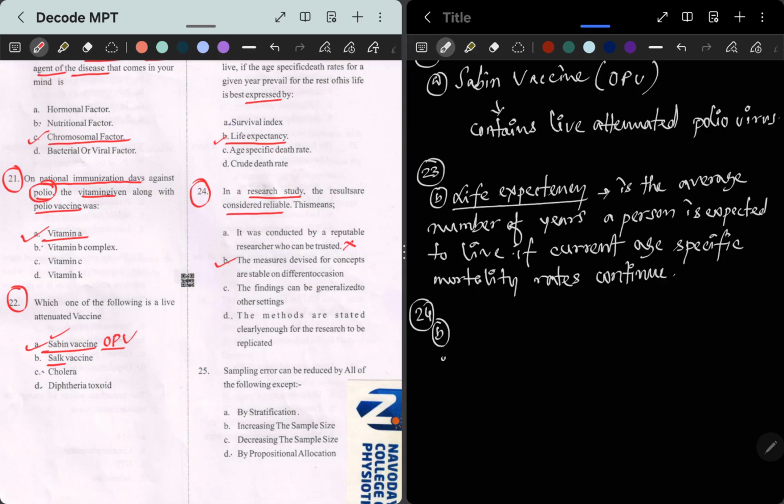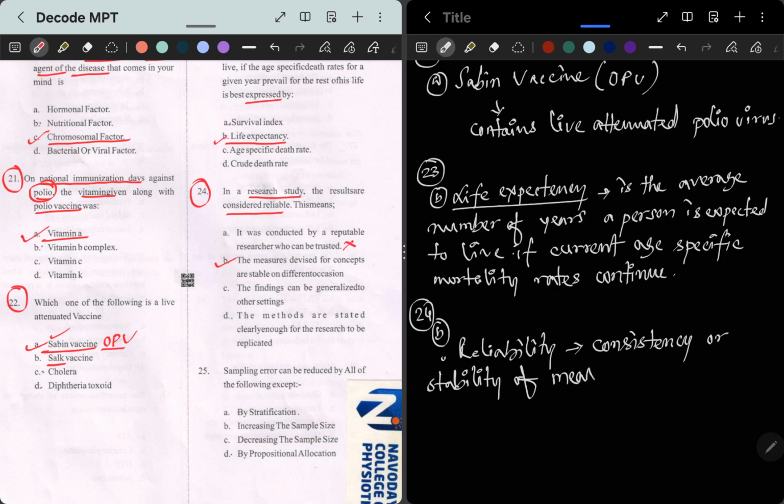What is reliability? In research methodology, reliability is known as the consistency or stability of measurement.